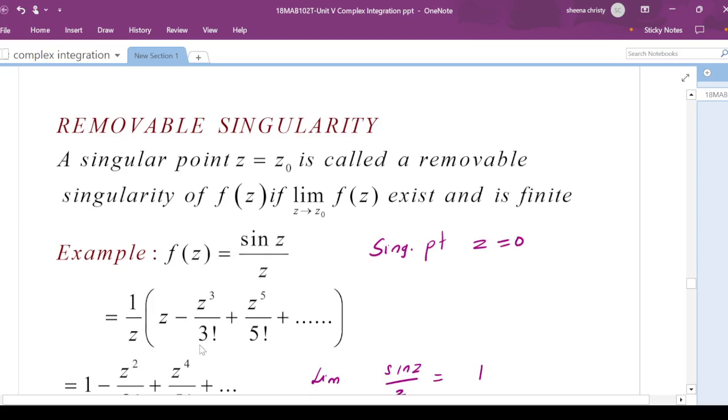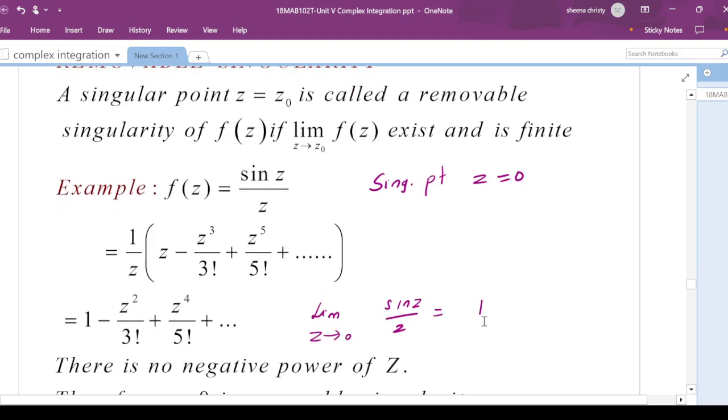Now see the definition: the limit exists and it is finite.